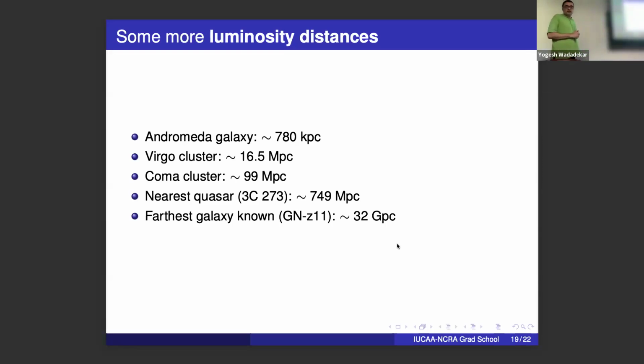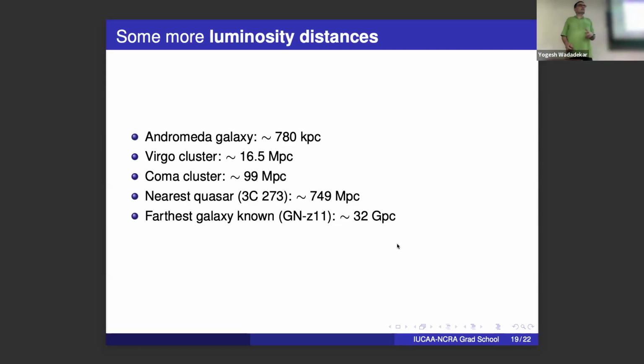The Virgo cluster is 16.5 megaparsecs away. So Andromeda is less than a megaparsec, and Virgo is 16 times further away. But even that is not unimaginable. I have a 1 meter Milky Way galaxy, and at the end of the room, I have Andromeda, and maybe 20 times further away, the other end of NCRA or something, you will have the Virgo cluster.